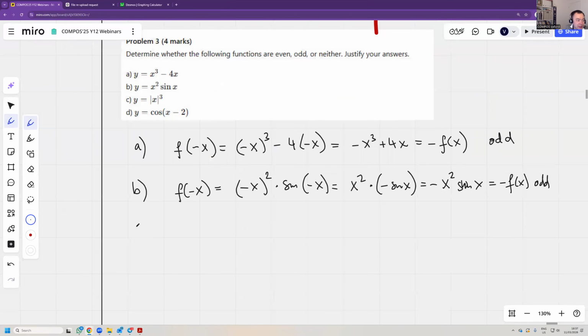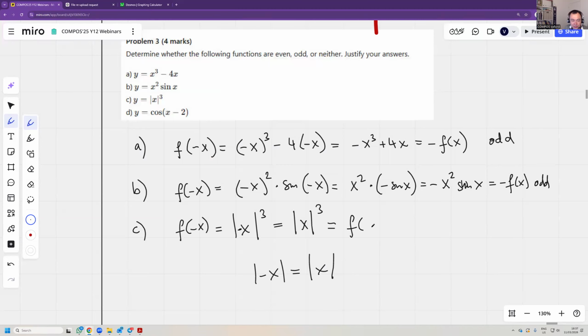Right? C, f of minus x is modulus of minus x cubed. And we know that modulus minus x is the same as modulus x. Therefore, it is the same as modulus x cubed, which is the same as f of x.